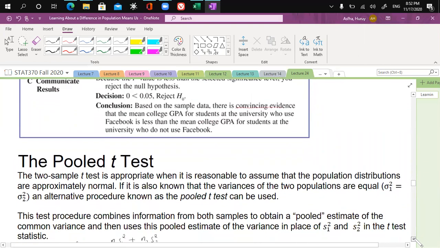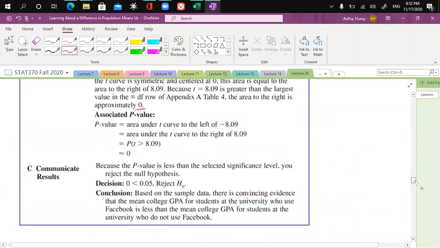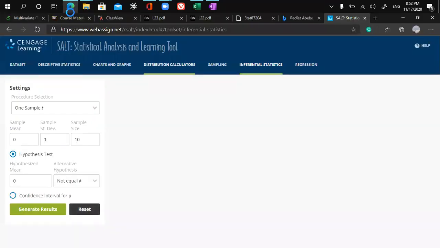And well, there is the so-called pooled t-test. I'm not going to give you any example about this one, because I will just tell you what is meant by pooled t-test. Other than that, everything is the same as the previous one. But before we go to this one, let me show you this tool.